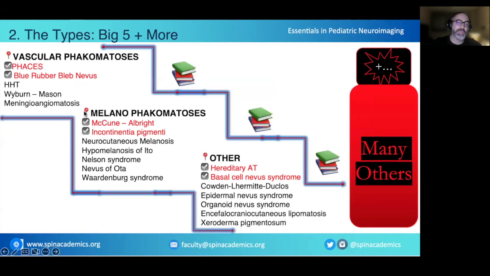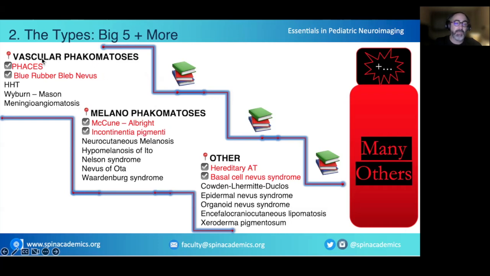I put in red the examples that I will show you later on, but there are more and more syndromes that you can consult in the bibliography. I will show you a few cases: blue rubber bleb nevus, a very rare entity, Maffucci syndrome, and incontinentia pigmenti.